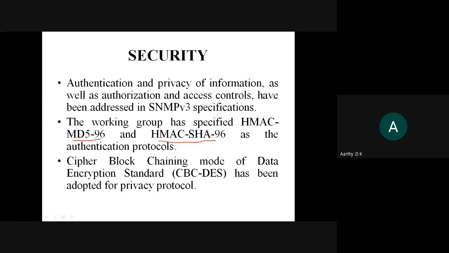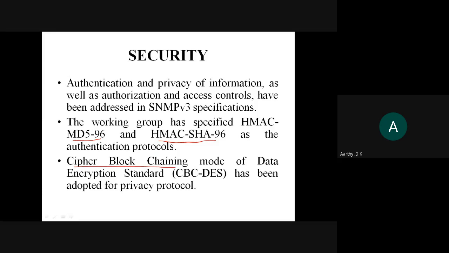And in order to encrypt whatever messages we are using, we use cipher block chaining mode. So this is used for encryption, and for authentication we are using MD5 and the SHA algorithm. These are basic algorithms for any encryption and authentication technique.